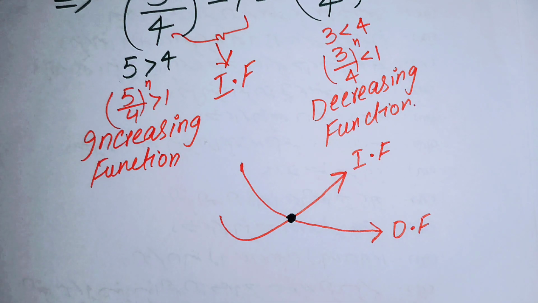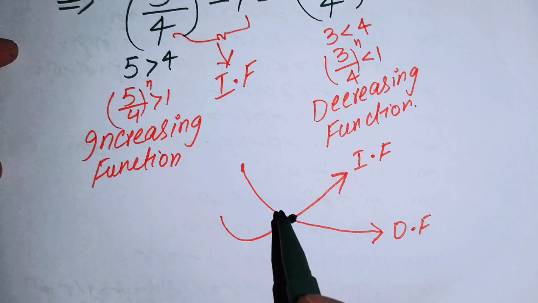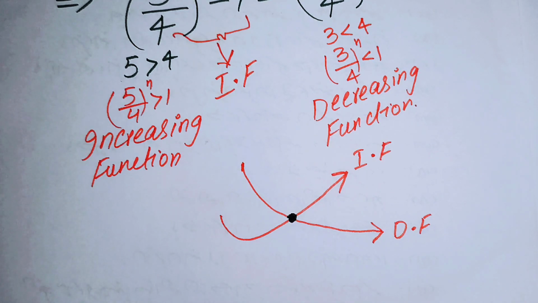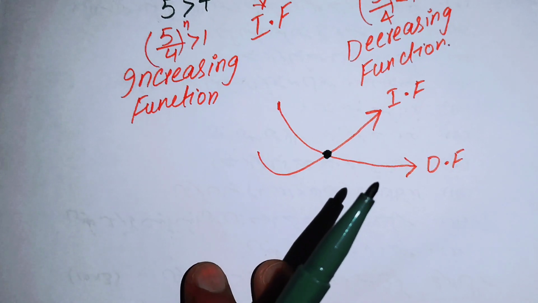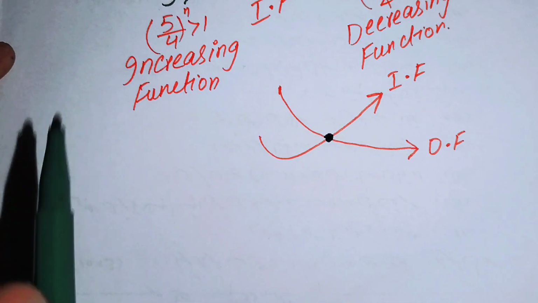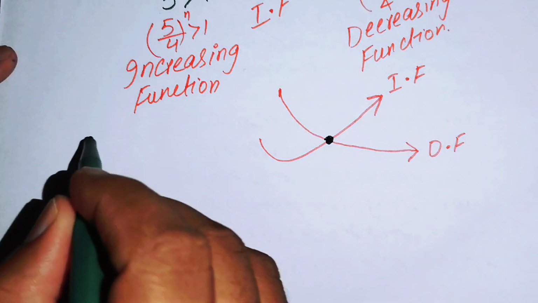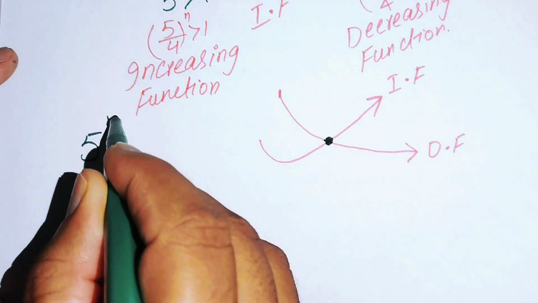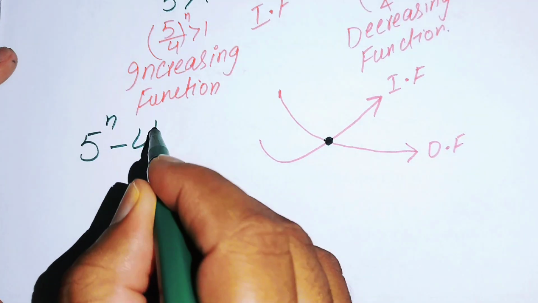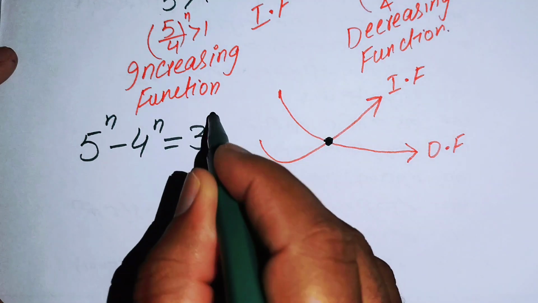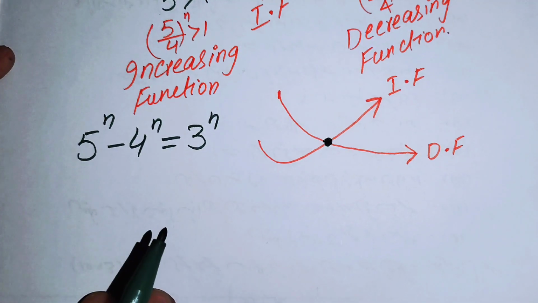Now our task is to find that point, and to find it we can just check by inspection. Our question statement is 5 to the power of n minus 4 to the power of n is equal to 3 to the power of n.